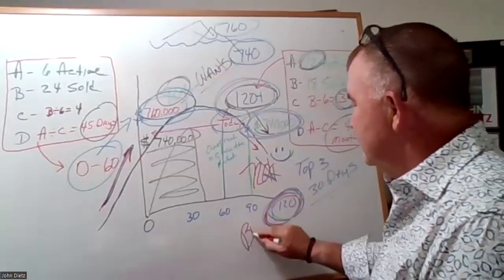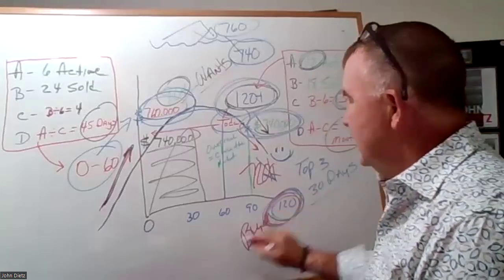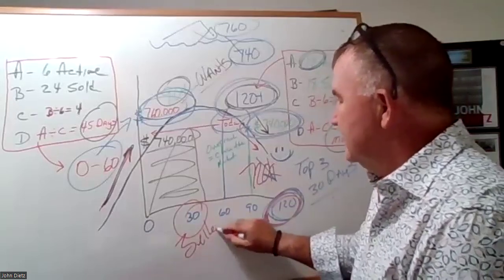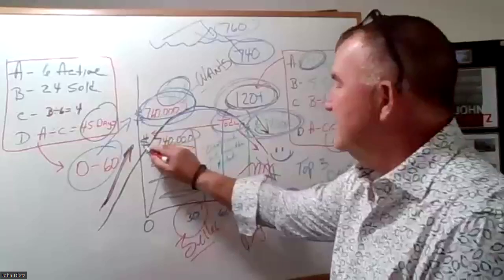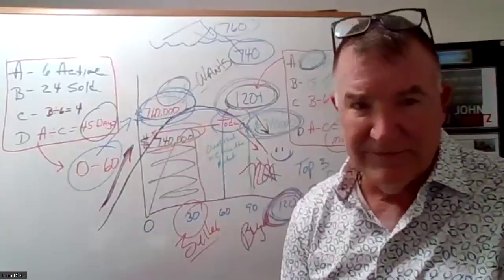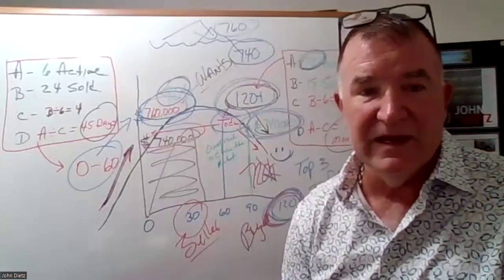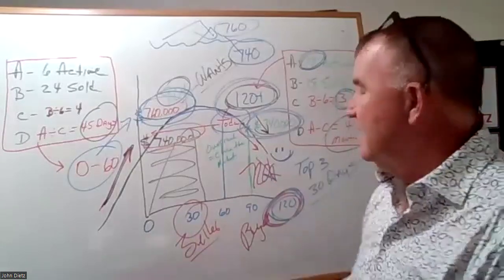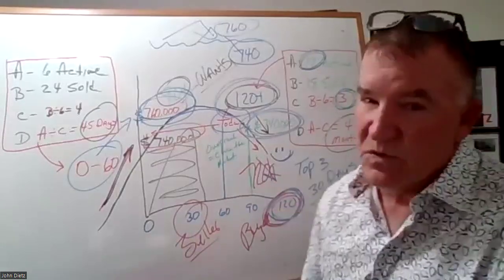Well, the buyer does. Not you, the seller. Now, at 30 days, the seller has a negotiating position. That same property at $740,000, they get an offer in the first 30 days. They might even get a couple offers. And now we got people bidding over that property. And the seller has the advantage in that conversation. The buyer has the advantage at 120 days.